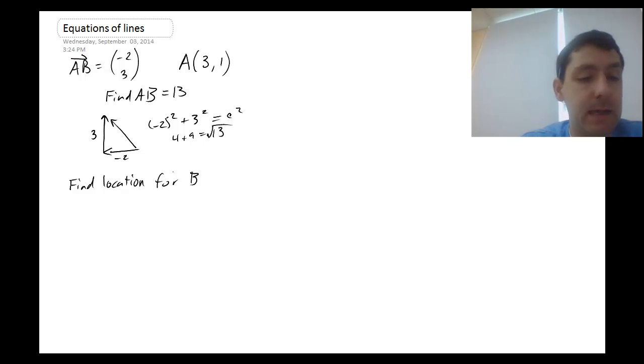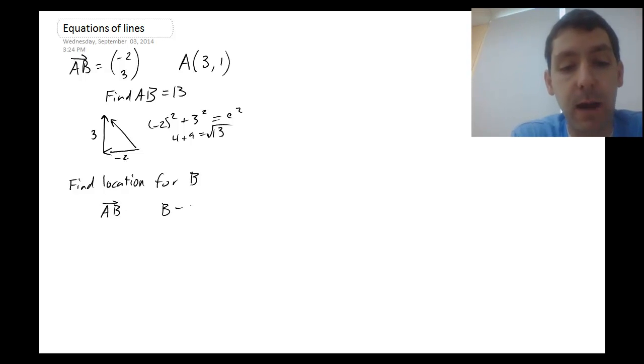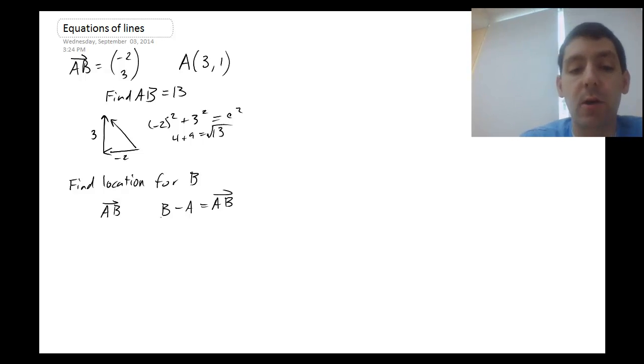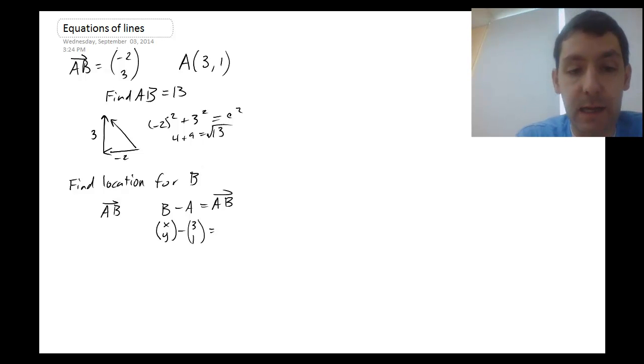One is that we know if we have AB, we can simply go B minus A, and that should give us vector AB. We don't know what the coordinates for B are, so that would just be (x, y) minus A, which is (3, 1), should then give us AB, which is (-2, 3).